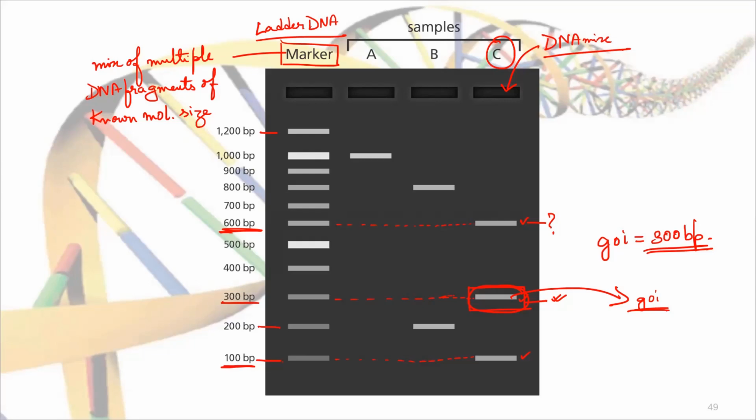Understood? There are techniques by which you can find the sequence of a particular fragment. Maybe someone has taken some DNA, broken it down into multiple fragments, and run it in the gel, and got all these different fragments. Maybe they have taken the fragments from each of the bands and done the sequencing.